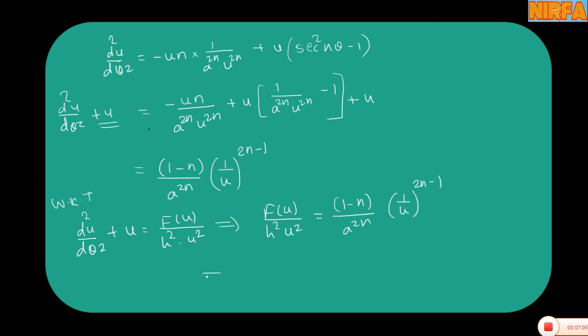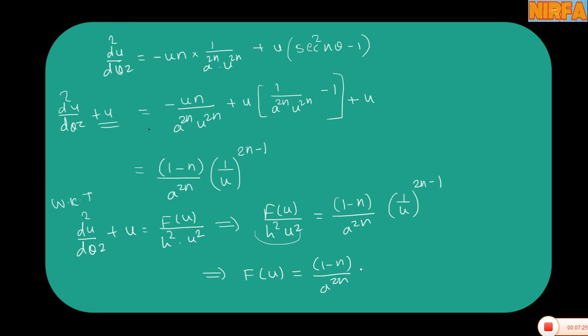And therefore if you transfer this denominator to the right side, you will get f of u is equal to 1 minus n upon a raised to 2n, and so on.